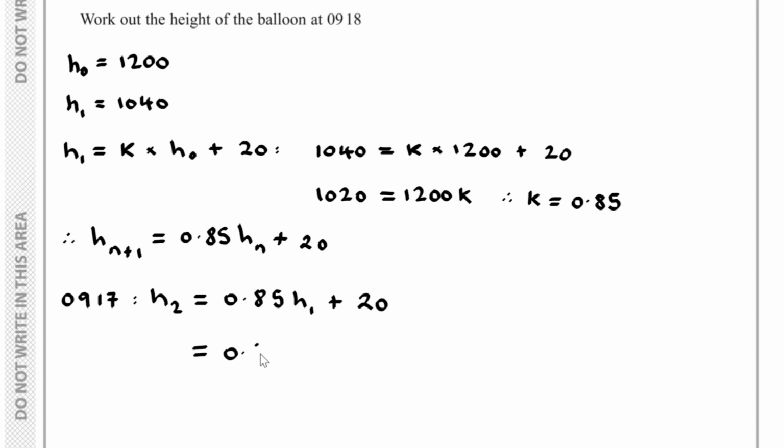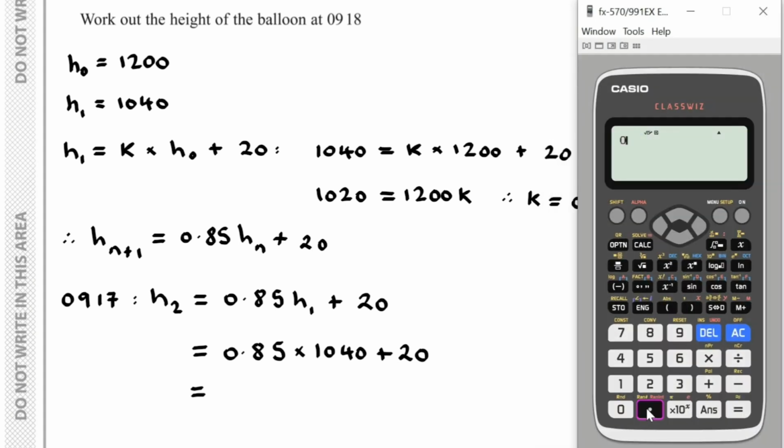So we have 0.85 times h1, which is 1040, plus 20. And if I work this out, we get 904.